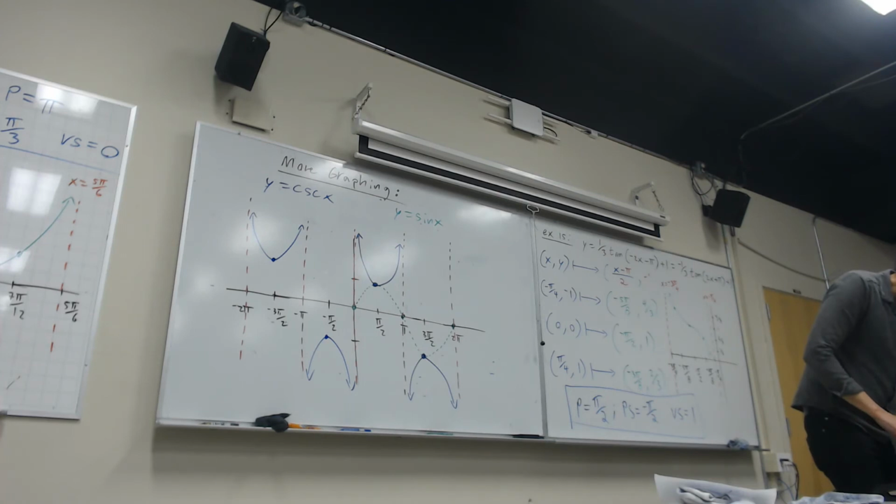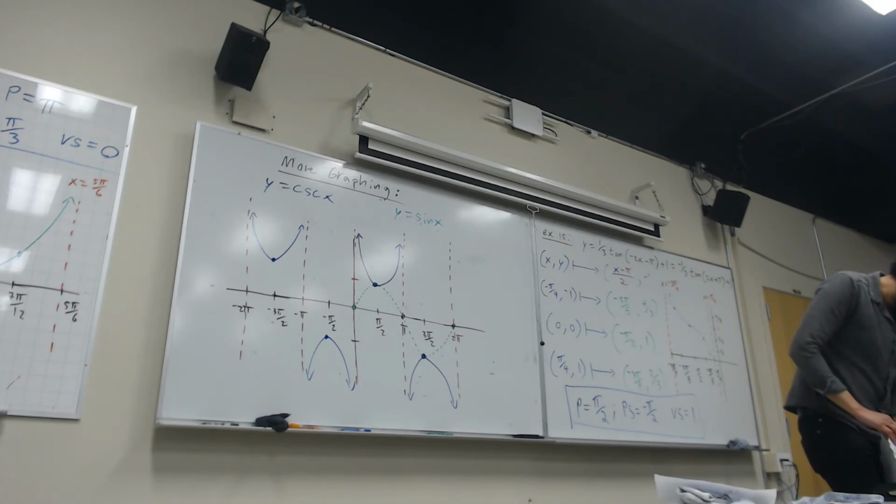So yeah, you use sine as a guide to get cosecant. So what do you think? Is cosecant odd, even?